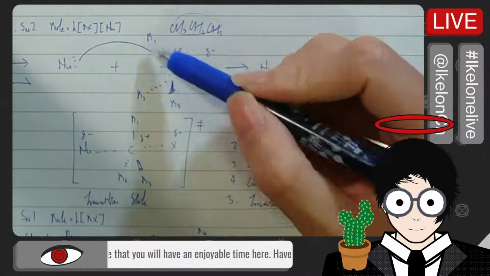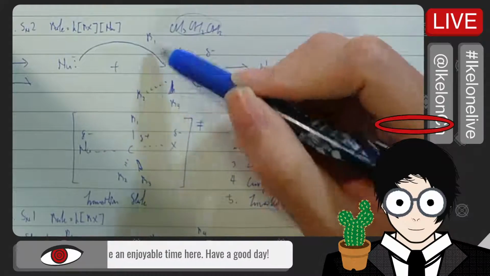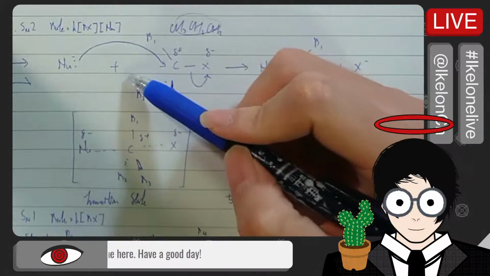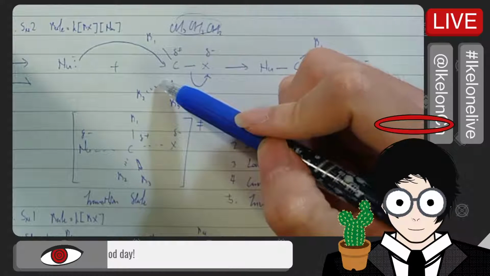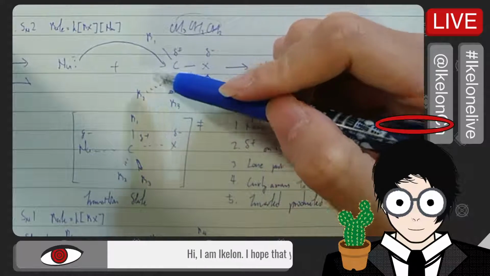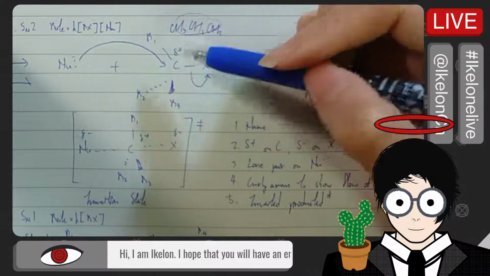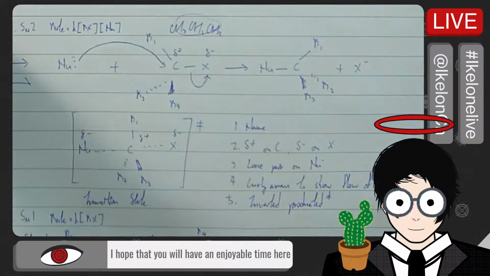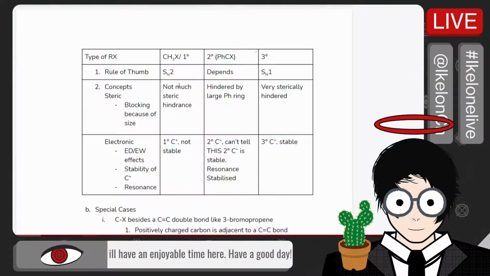If all these are very small, then there's nothing stopping it from approaching, so it's very easy for this reaction to occur. So primary or CH3 halogen derivatives will go by the SN2 mechanism, because there's not much steric hindrance.